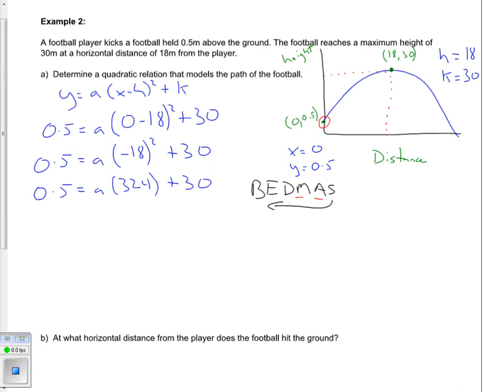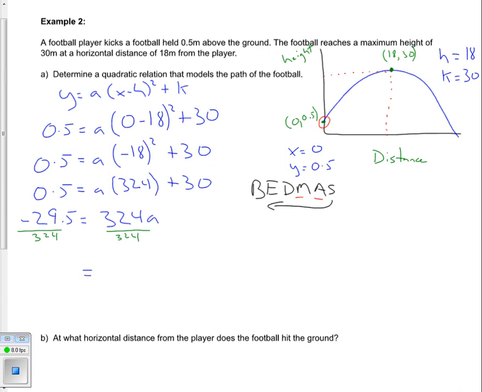So 0.5 minus 30 is equal to negative 29.5, and that's going to equal 324a. Those two things are equivalent. And now I want to get a all by itself. So I'm going to divide both sides by 324.